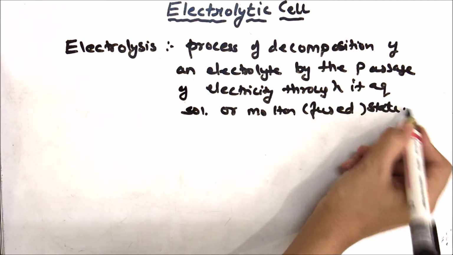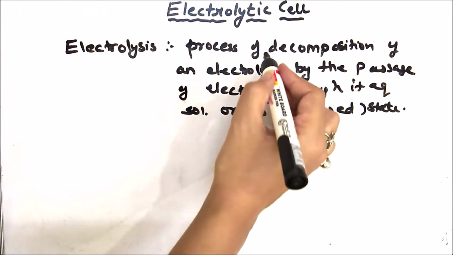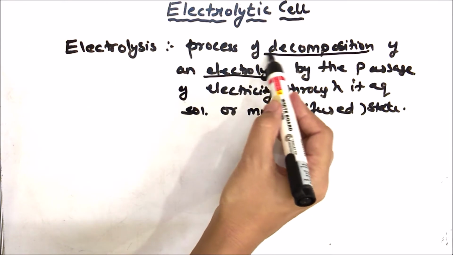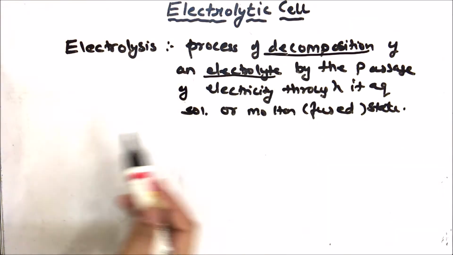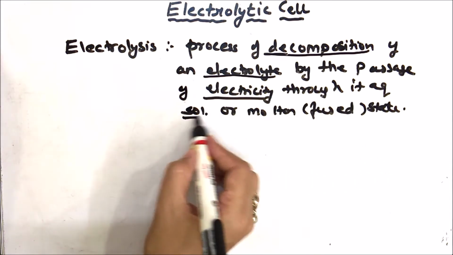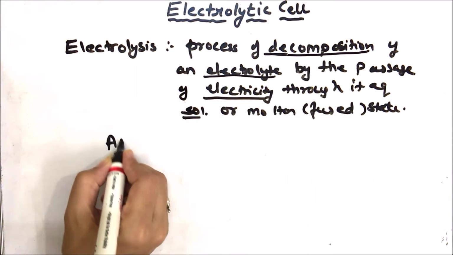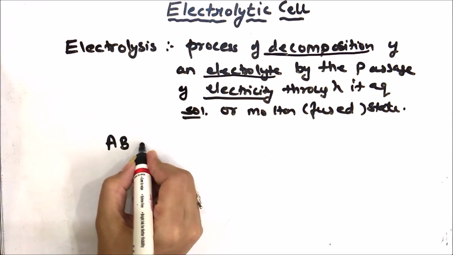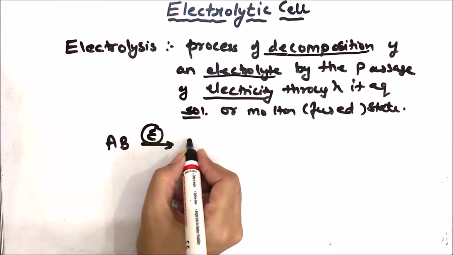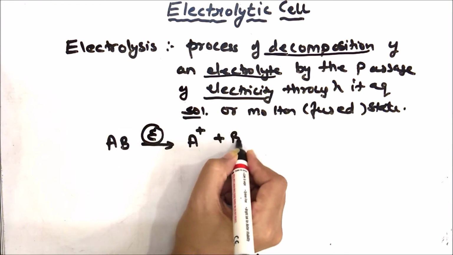It means electrolysis is a process in which a compound decomposes into its ions, that is, an electrolyte decomposes into its ions on applying electricity through that particular solution. Suppose you have a solution of electrolyte AB, then on providing electricity, this will dissociate into A plus and B minus.